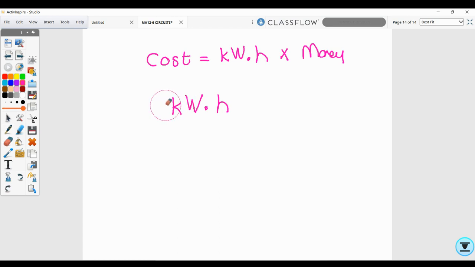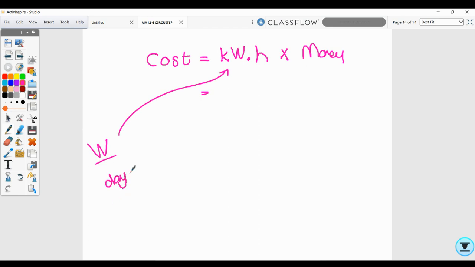Whatever they give you in watts, you have to convert into kilowatts. Whatever they give you in days, seconds or weeks, you have to convert into hours. Then you multiply by the money it costs per kilowatt hour, and that gives you your cost. You don't get this equation though.